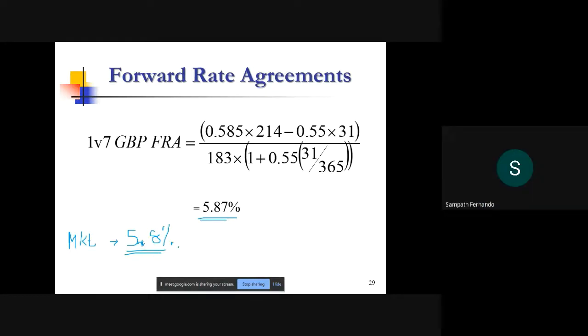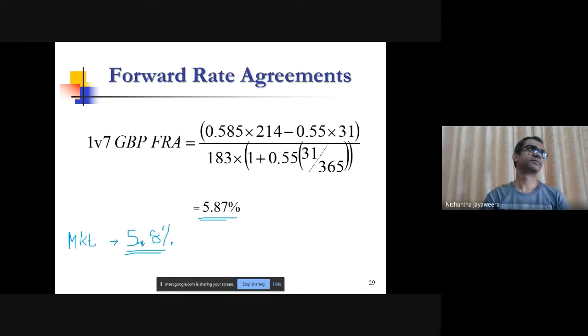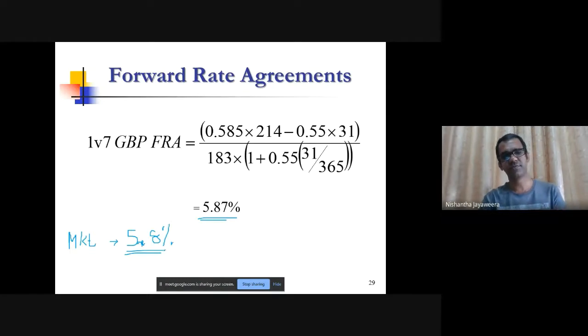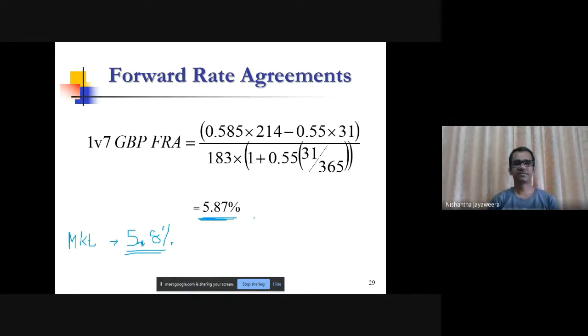Buy or sell? You buy a FRA, because if you buy a FRA, you have to pay only 5.8, whereas you receive the LIBOR. But according to the current structure, you have to pay 5.87. So buy a FRA from the market at 5.8, then what do you do? Think about it.